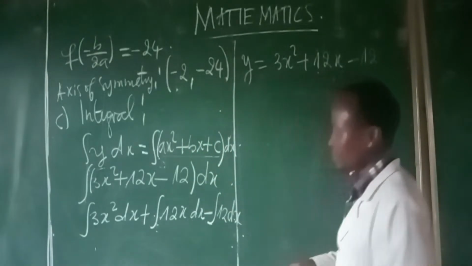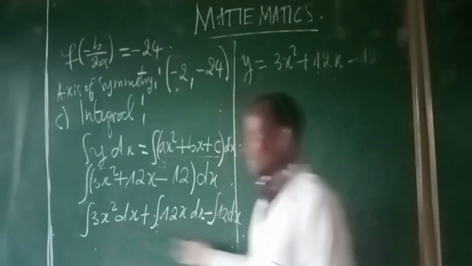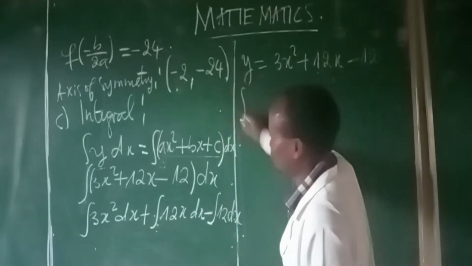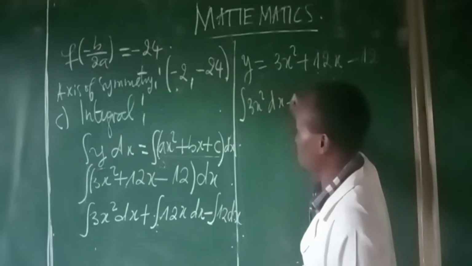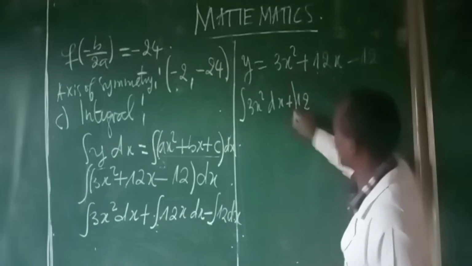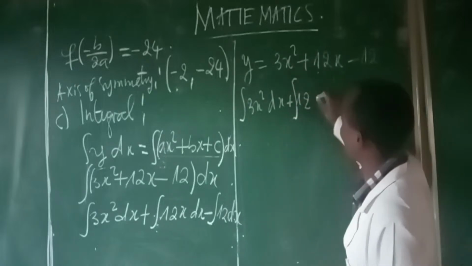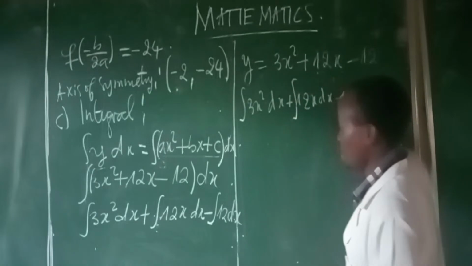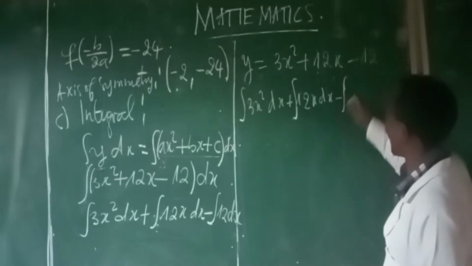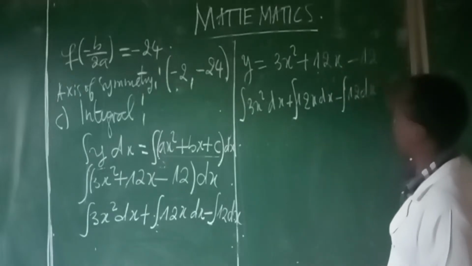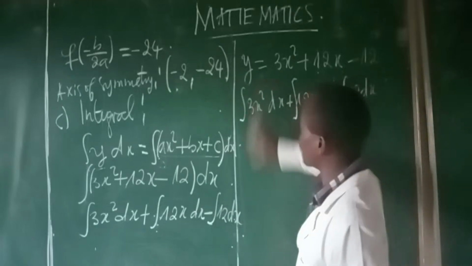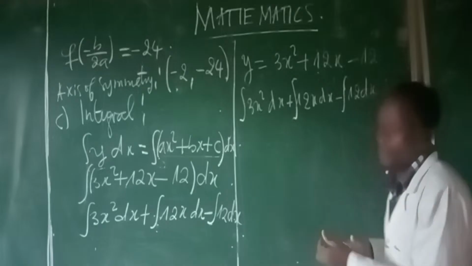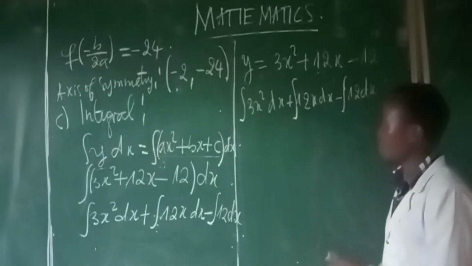So now let's integrate this problem. We have an integral of 3x squared dx plus integral of 12x dx minus integral of 12 dx, right? As I told you last time, when we integrate a given function, it depends on the kind of function that you have.